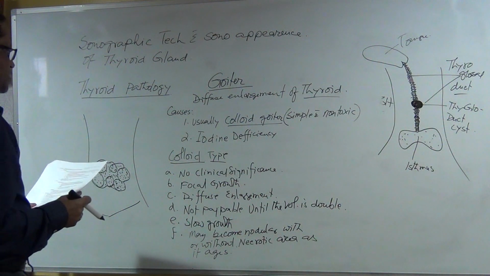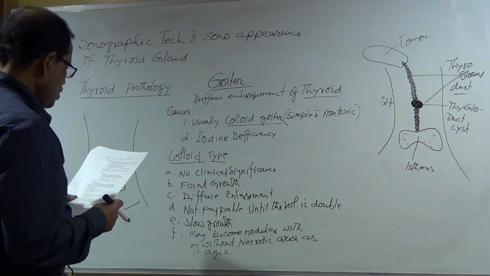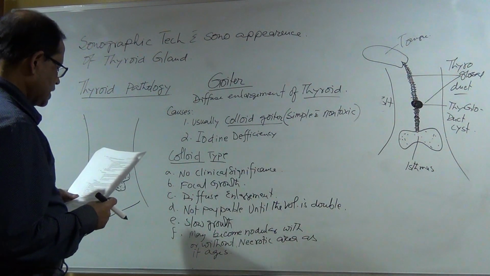And iodine deficiency, the gland enlarges to meet the demands of the basal metabolic rate.